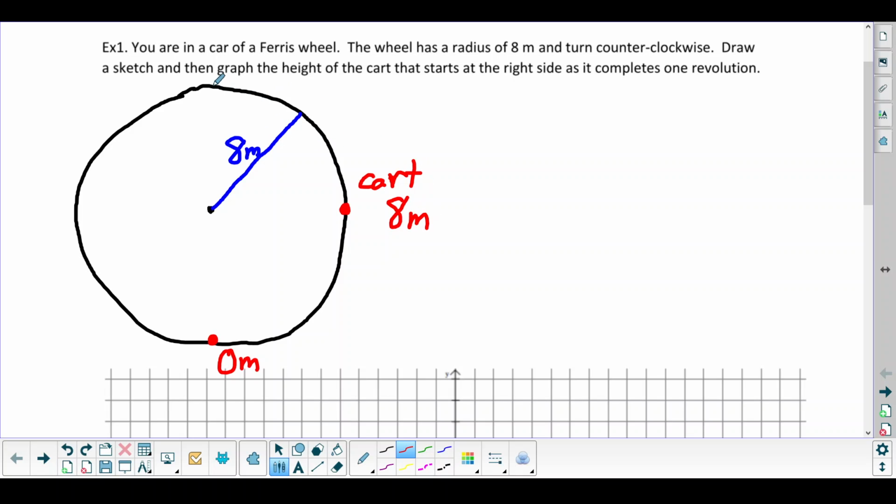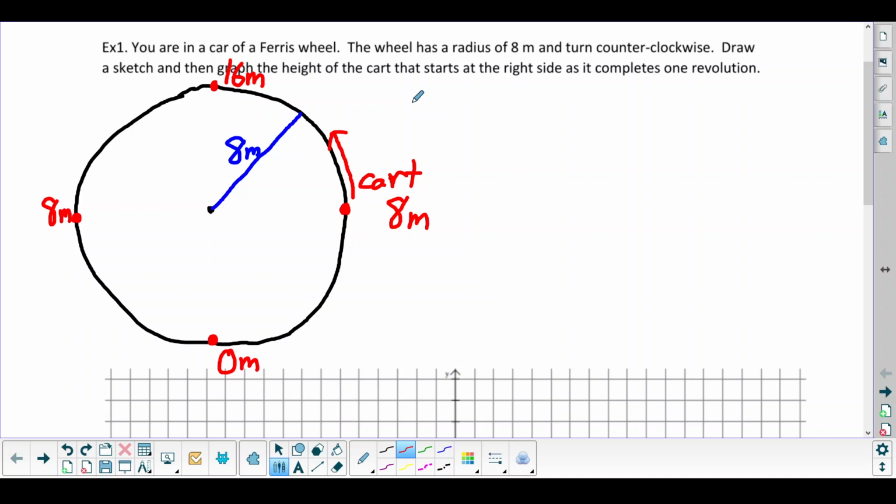And the top would be 8 to the center and another 8 to the top, so 16 meters. When we come down to the left side, we'd be at 8 meters again. Okay, so our cart is going counterclockwise, so I'm able to draw a little arrow around our circle.